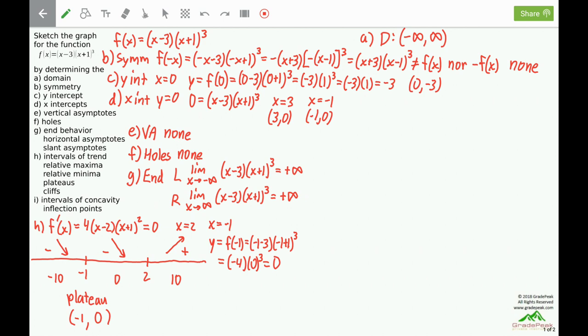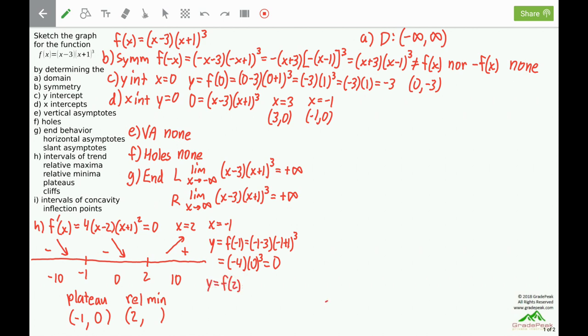Right at the critical number of x equals 2, we have the trend changing from decreasing to increasing, so x equals 2 will be a relative minimum. It has an x-coordinate of 2, and it has a corresponding y-coordinate that can be found by plugging the x-coordinate back into the original function.